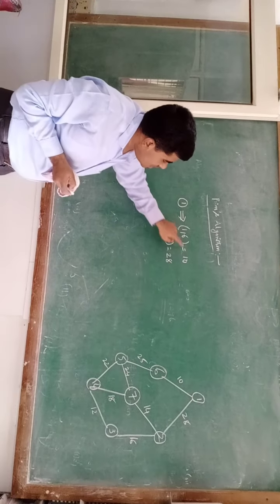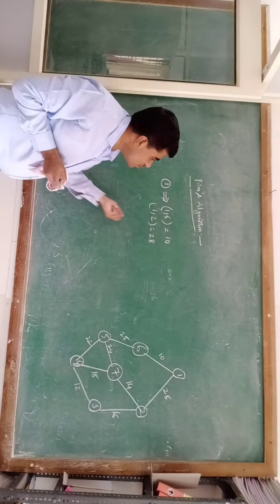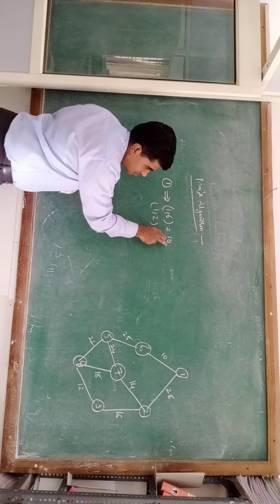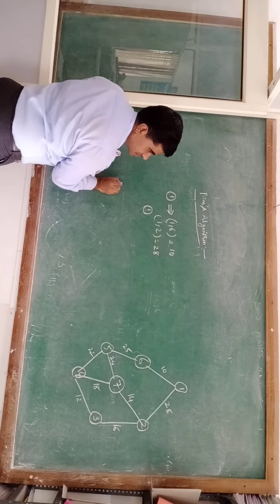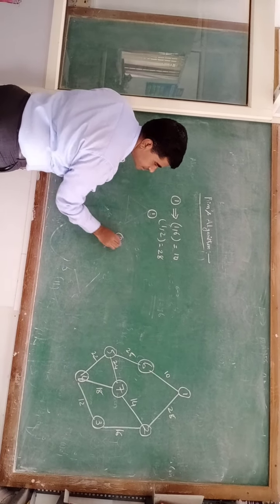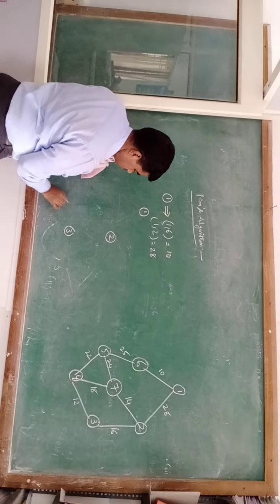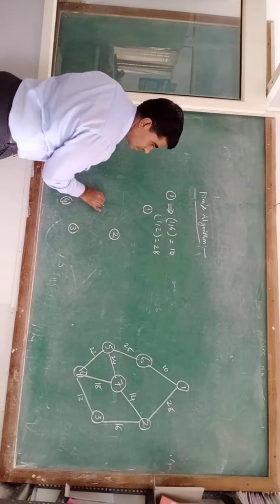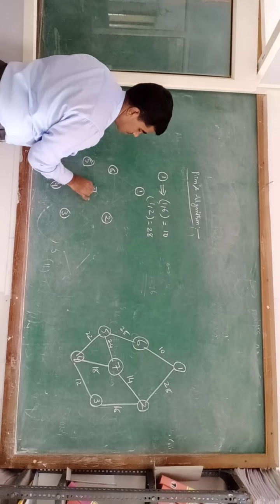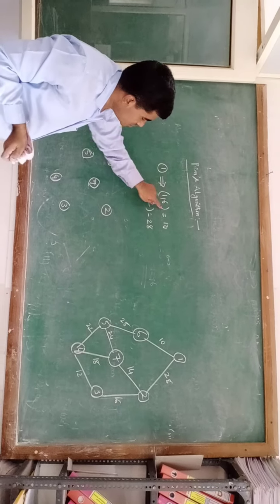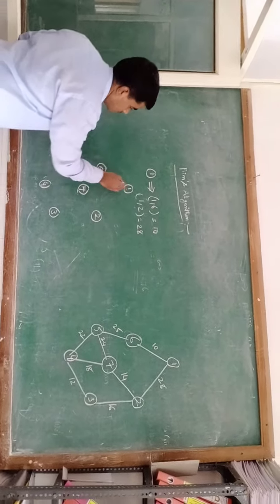Which one is minimum? 1 to 6 is minimum, 10. So we have to move from 1 to 6.